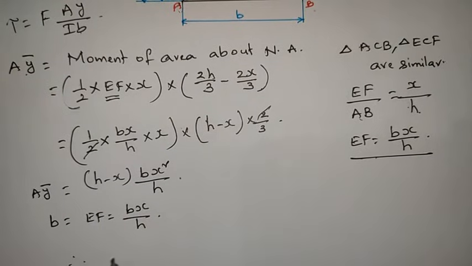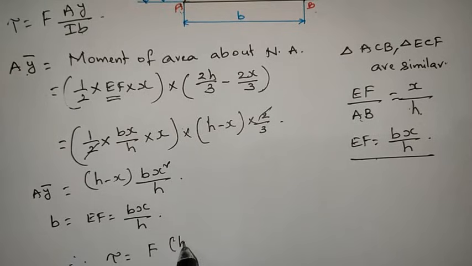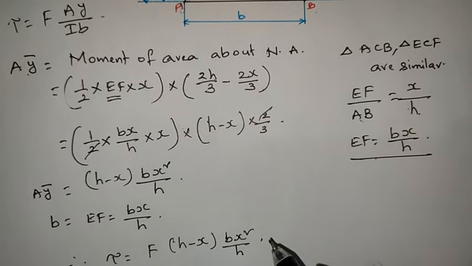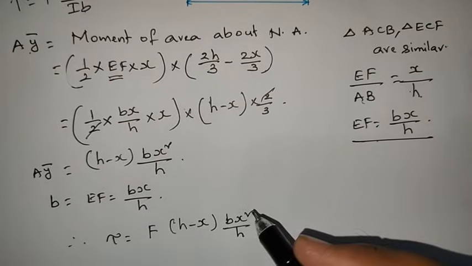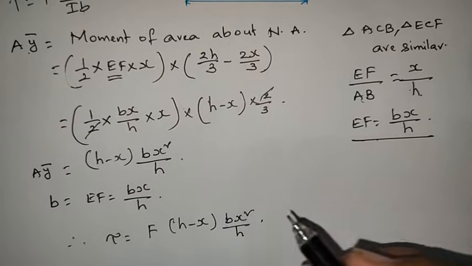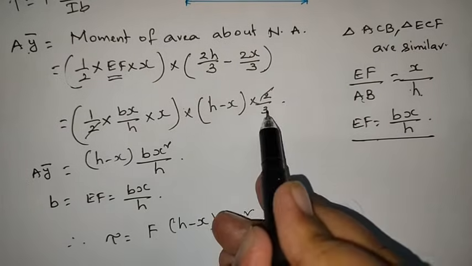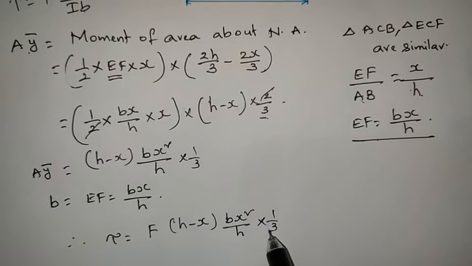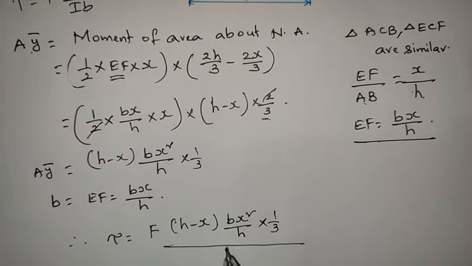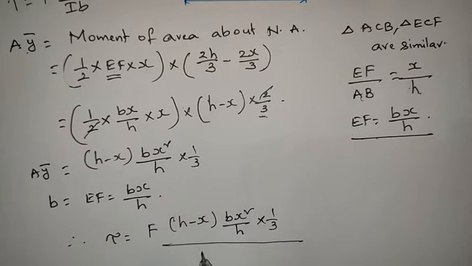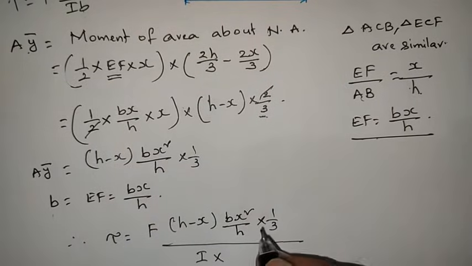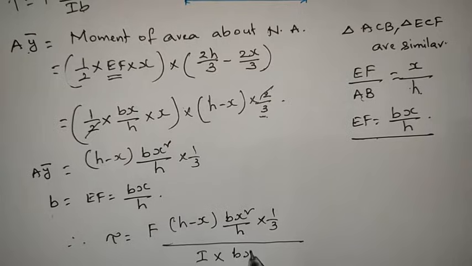So tau is equal to F into A y bar, which is h minus x into bx square by h, into 1 by 3, by I, into b value, bx by h.